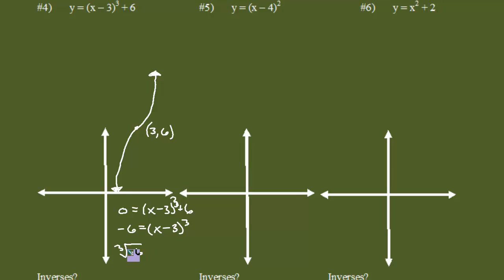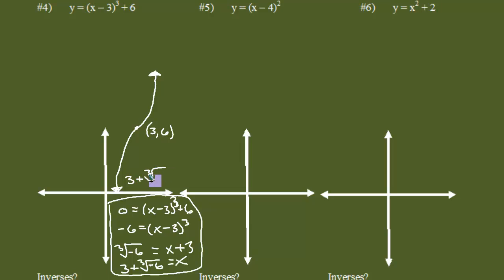It's okay to take an odd root of a negative. I'm going to add 3 to both sides. So this is the x-intercept of this function. So I'm going to label that 3 plus the cubed root of negative 6, 0, which is obviously here.